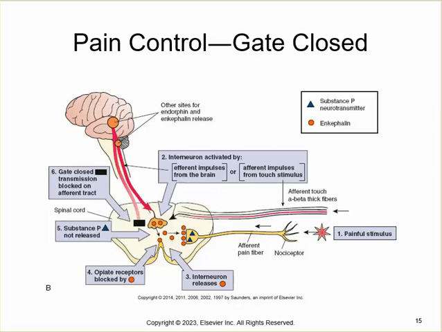When the touch receptors are stimulated, they interact with the interneuron to release enkephalins, and will also block the pain. So what that means is that's why if you were to cut yourself, it feels better to put pressure on the wound.